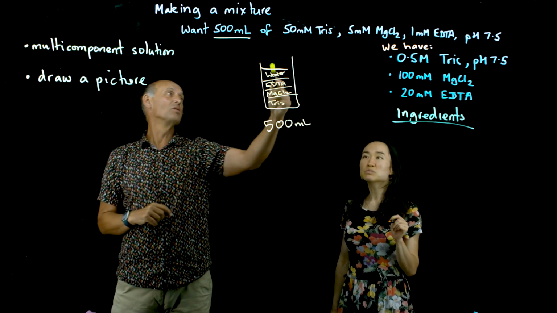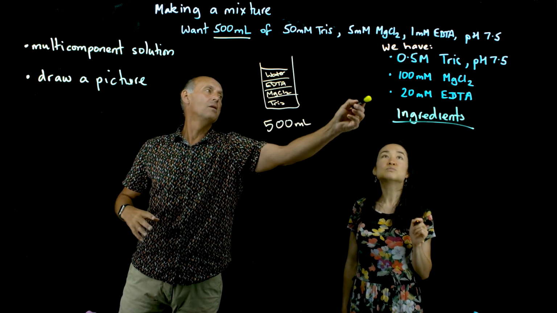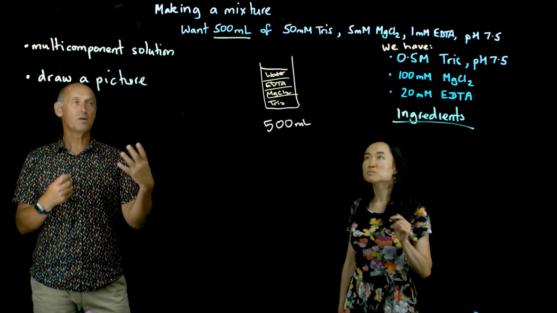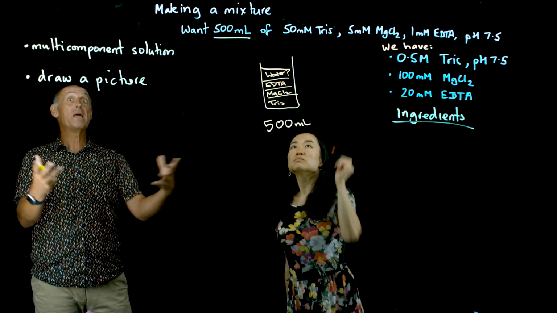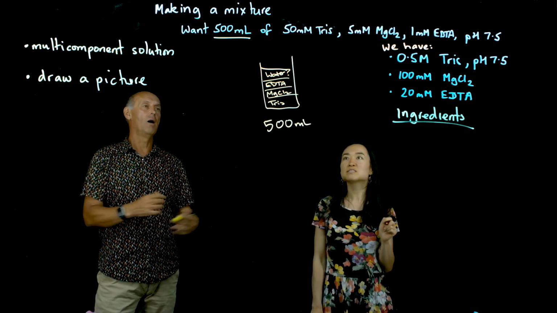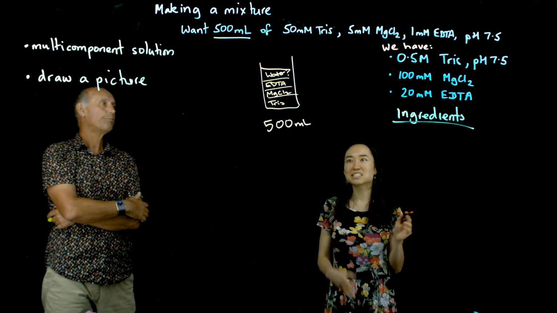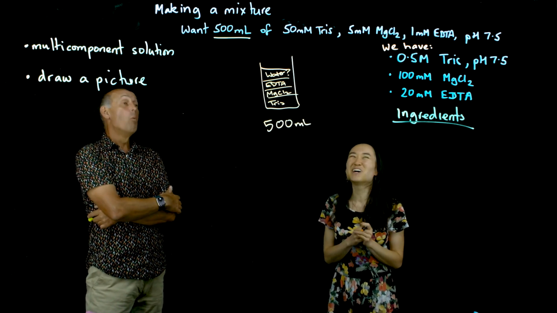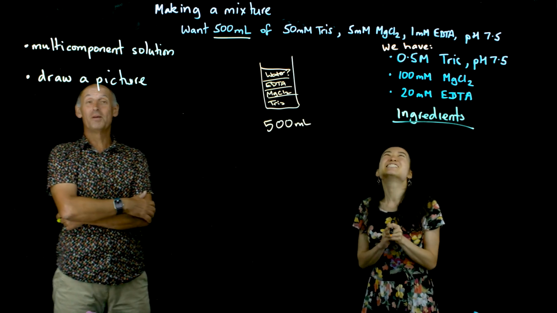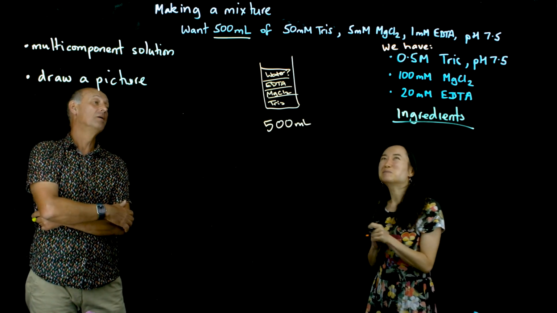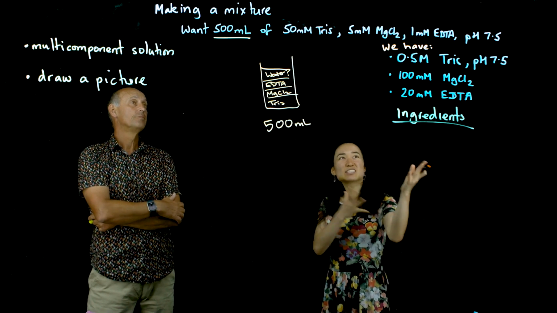This 500 mils is going to be made up by mixing these stock solutions in small amounts, but making up the volume with water to 500 mils. I'll just put a question mark, just in case somehow the solutions add up to 500. Unlikely, but possible.